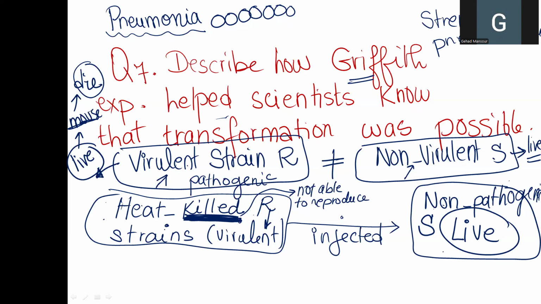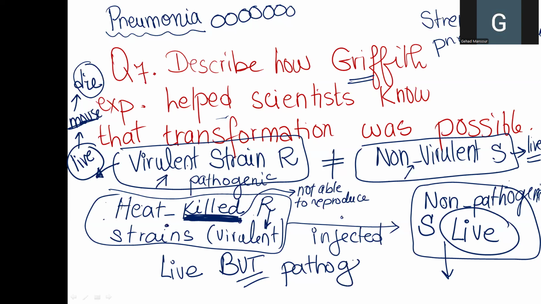So what happened is that he obtained a mixture of the two properties. The live bacteria absorbed something, a transforming material, from the heat-killed bacteria and became live but pathogenic strains.